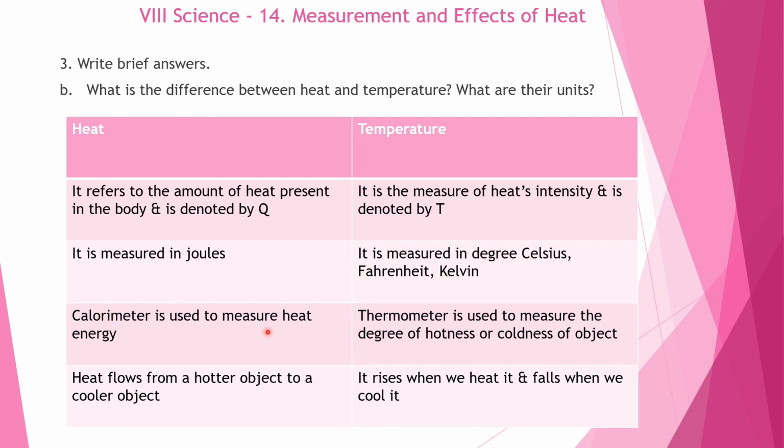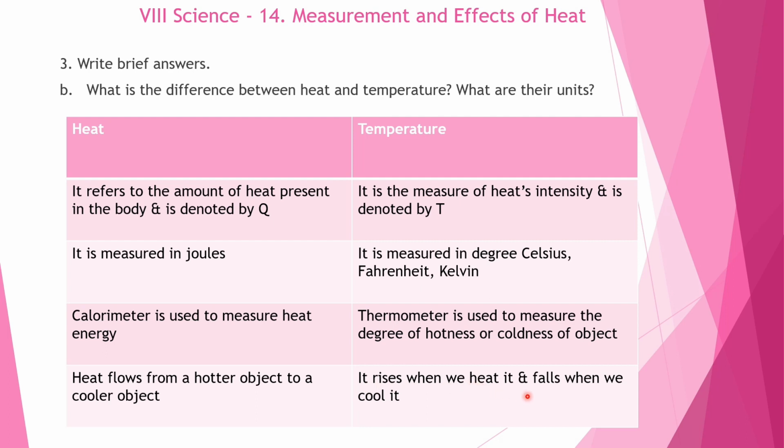Calorimeter is used to measure heat energy. Thermometer is used to measure the degree of hotness or coldness of an object. So calorimeter is used to measure heat and thermometer is used to measure temperature. Heat flows from a hotter object to a cooler object.